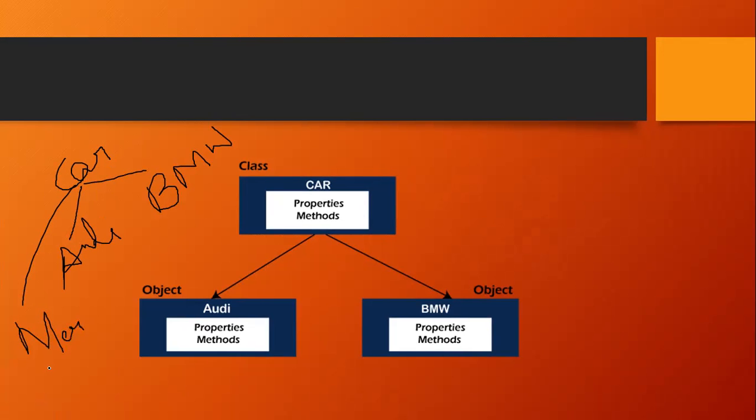Now these are the objects that fall into the same category, that is car. So the category here will become a class, and the items that fall into the same category become objects.